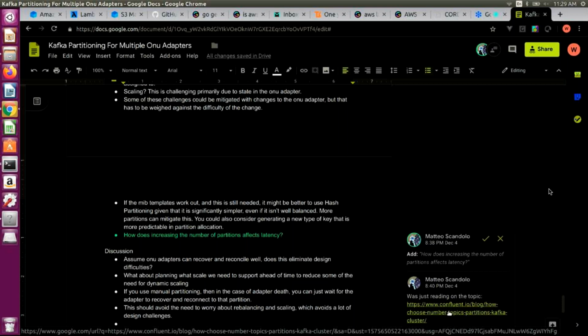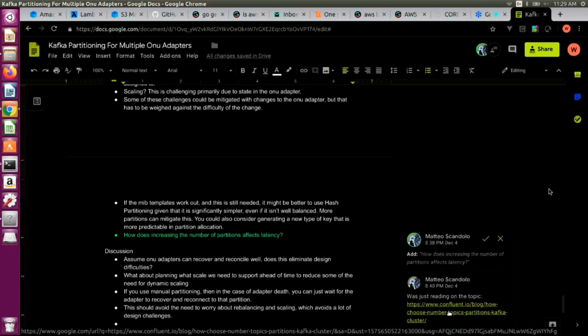Basically, when there are multiple ONU adapters, with the method I've used, Kafka assigns the partitions to ONUs using a hashing or other algorithm. But William basically overrode that mechanism. So the assignment of partitions is inside the code in the manual partitioning schema. Is that right, William? Yeah, that's correct.